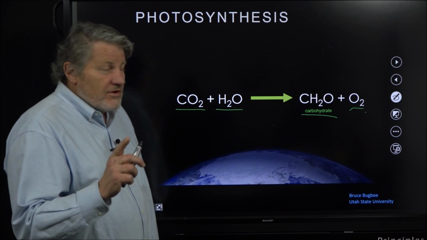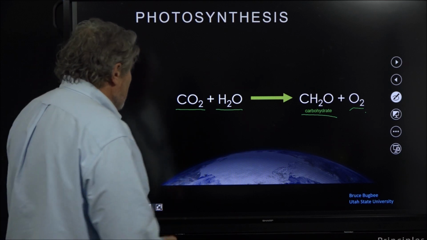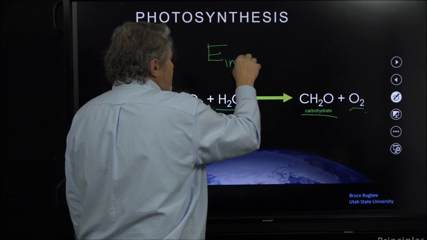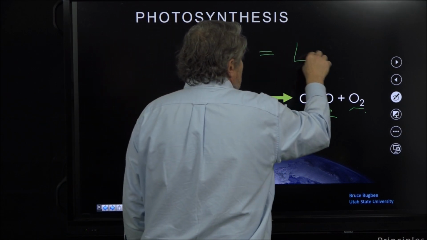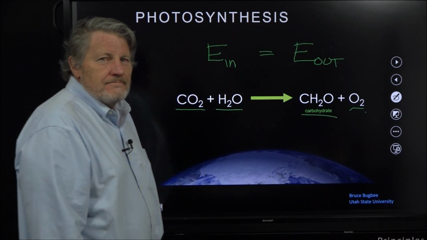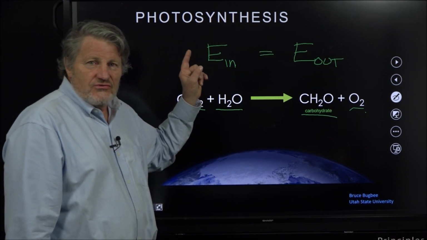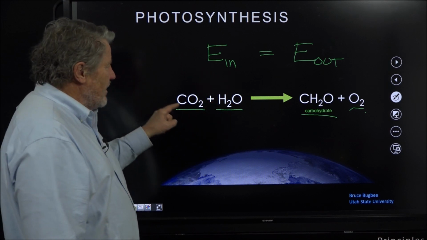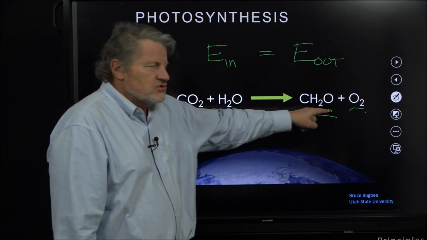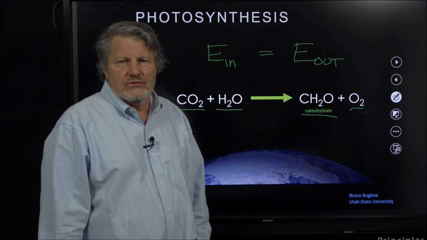Now, remember, the first law of thermodynamics says energy in equals energy out. Everything has to follow the first law. How do we get two really low energy input molecules to go to two high energy molecules?